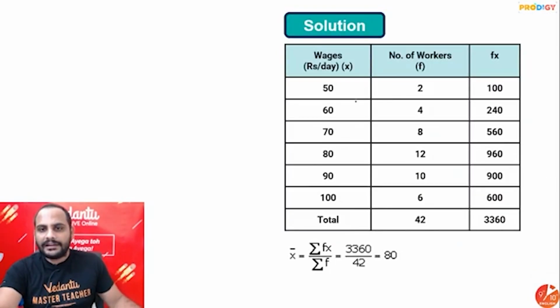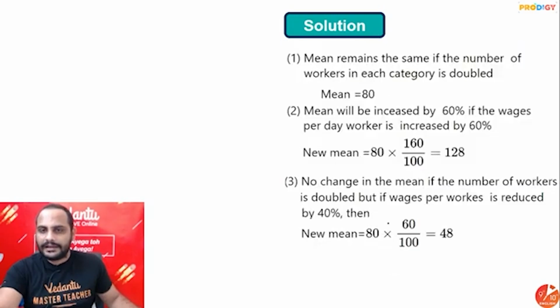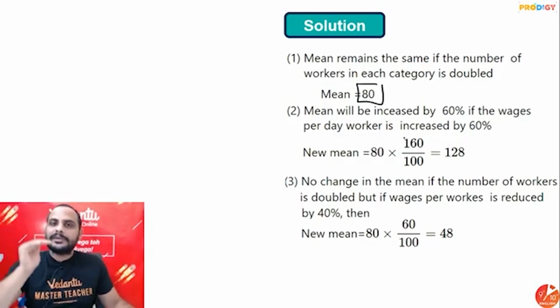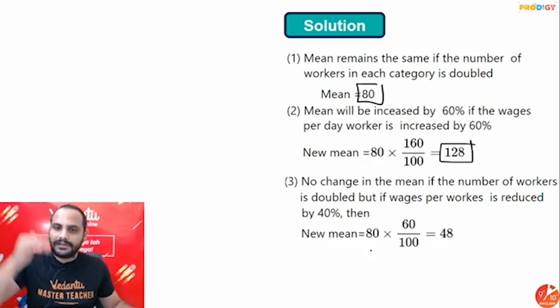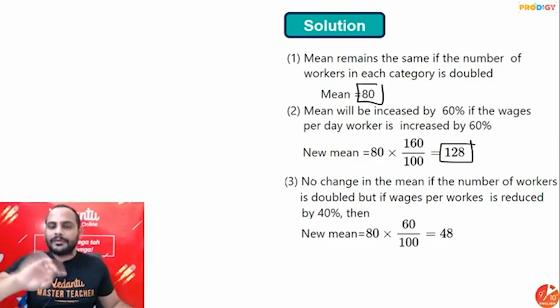So at the starting we have got the mean as around 80. Okay, mean is 80. So in the second case, since all the values, first, mean will remain same, it is 80 only. Second case, mean will increase by 60%, 1.6 times, 128. Third case, decrease it by 40%. Frequency, no matter what we do, mean will not change, but since the wages are reduced by 40%, mean will reduce by 40%.